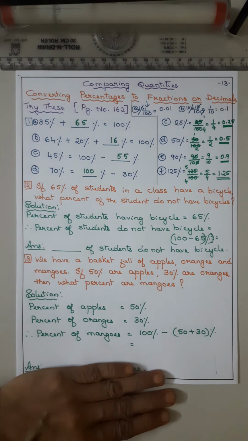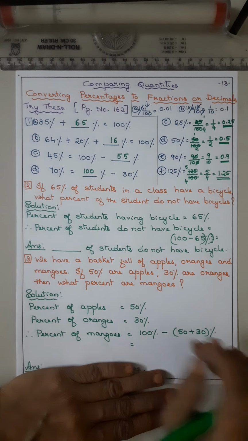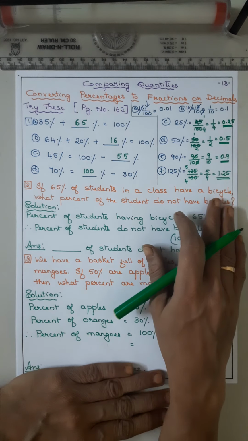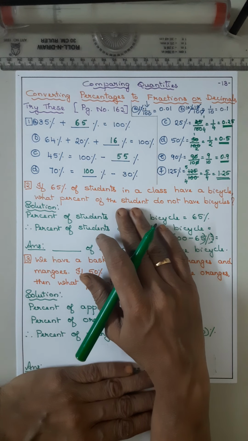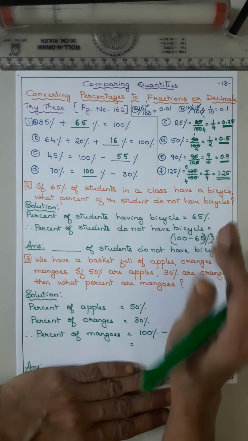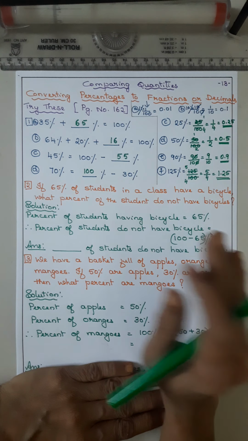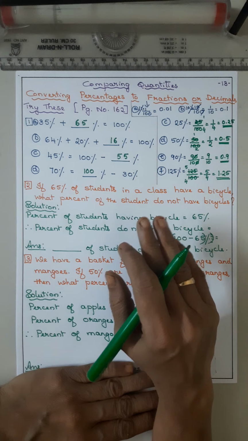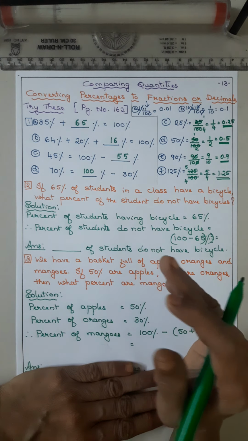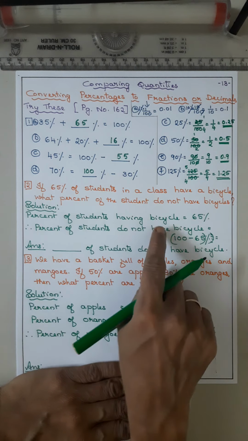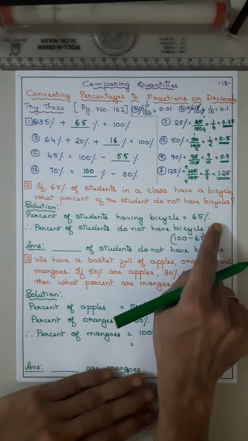Okay. Now coming to the second question: if 65% of the students in a class have a bicycle, what percent of the students do not have a bicycle? See, 65% have the bicycle, but they have asked the percent of students who do not have the bicycle. So first write, percent of students having a bicycle is 65%.